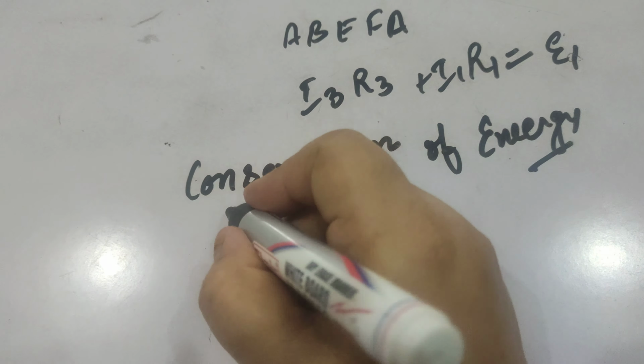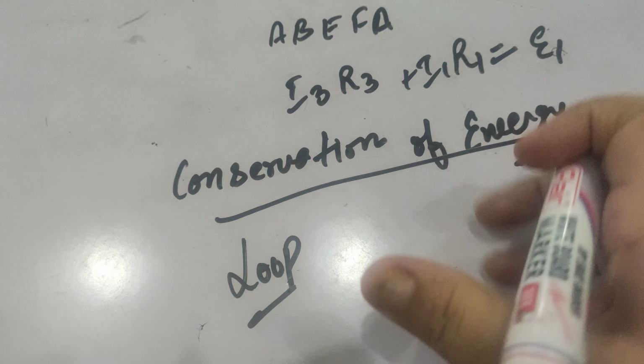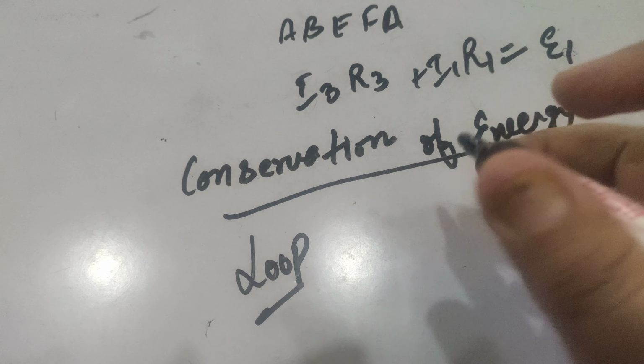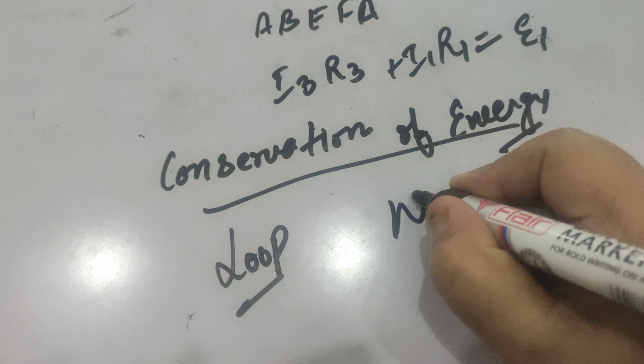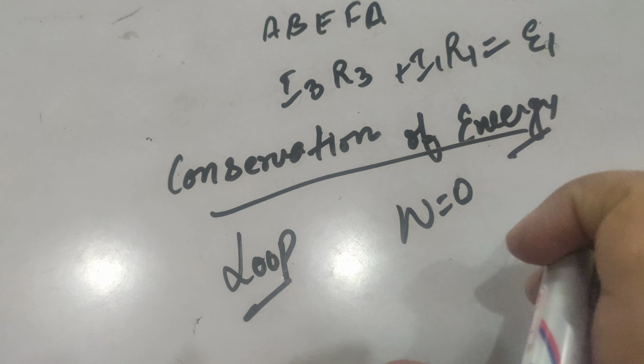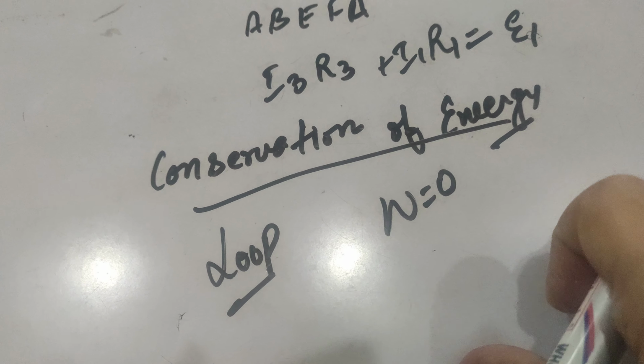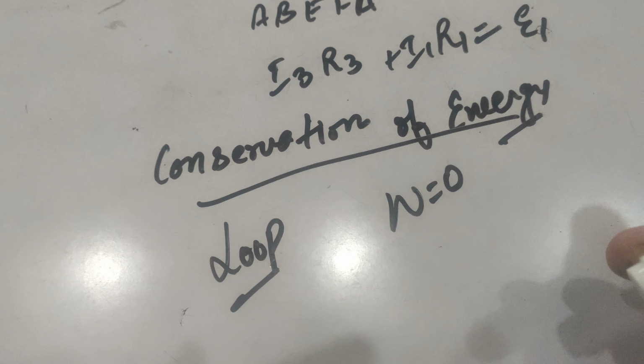Now to prove how it follows the conservation of energy: since this is a loop rule and the charge is moving across the loop, we know that the work done by the electrostatic force is zero. Why? Because it is a closed loop, and for a closed loop the total work done is always zero.